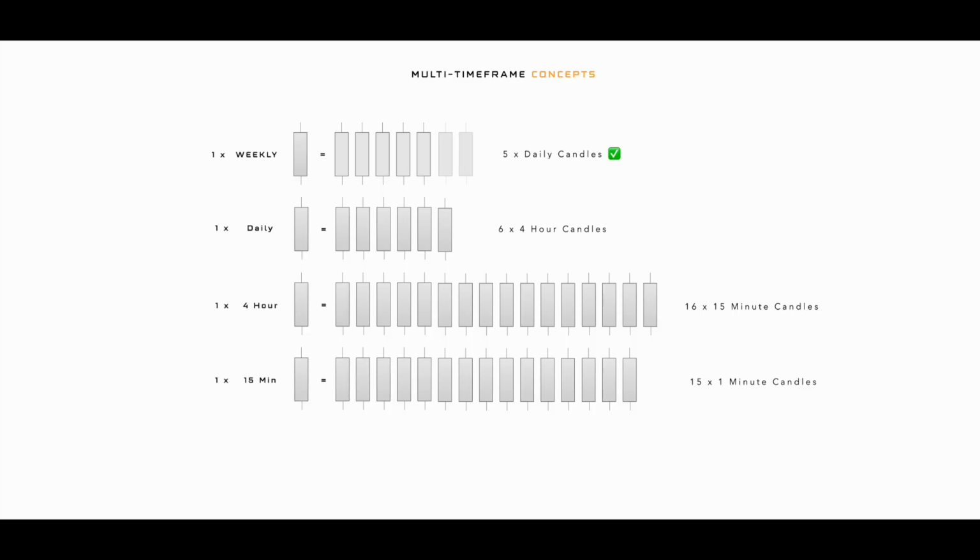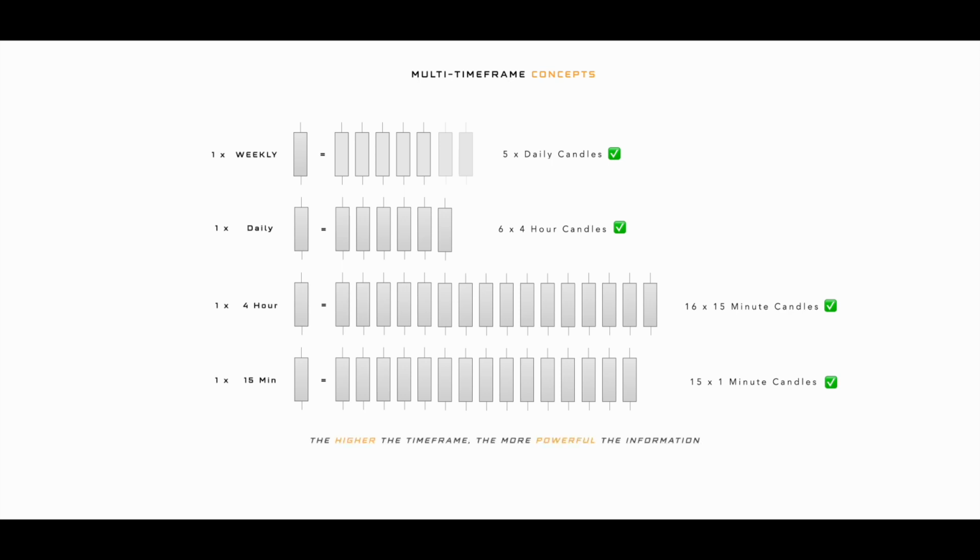Now, that's just the FX market, by the way, because the crypto market is open 24/7. So one daily candle is made up of 6 4-hour candles, and one 4-hour candle is made up of 16 15-minute candles, and then one 15-minute candle is obviously made up of 15 1-minute candles.